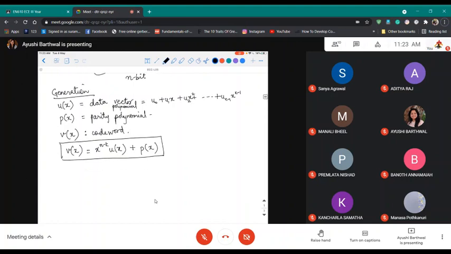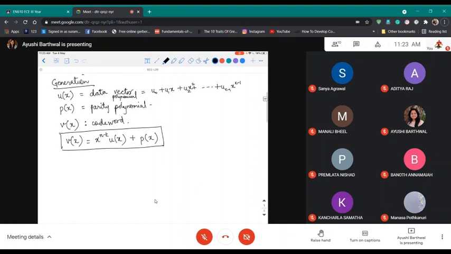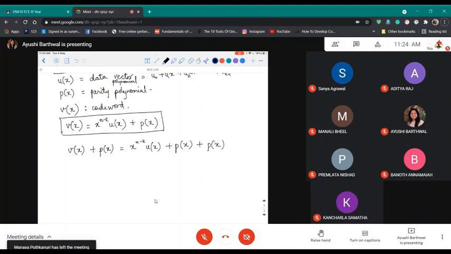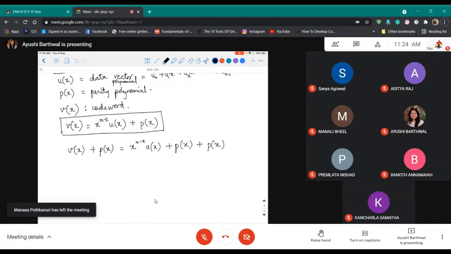For finding the parity polynomial, in the above equation you will add the parity polynomial on both sides. We know that in binary addition we do modulo 2 addition.